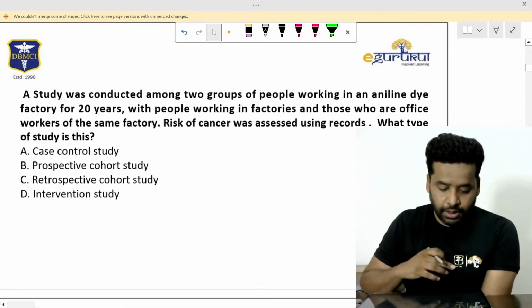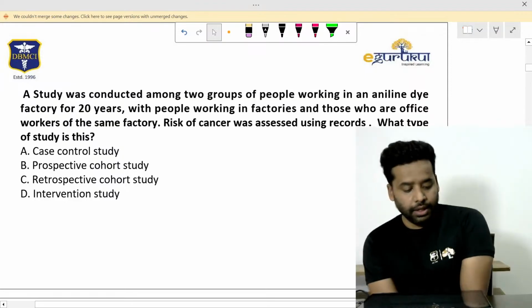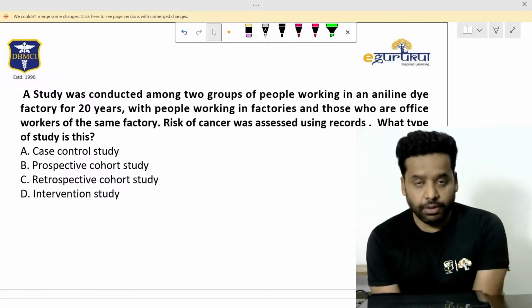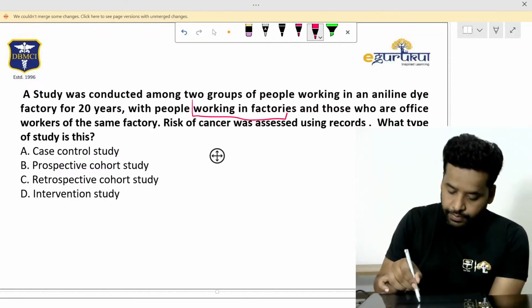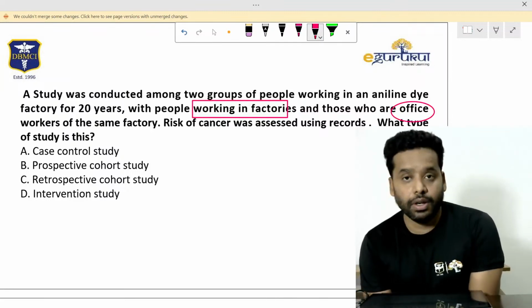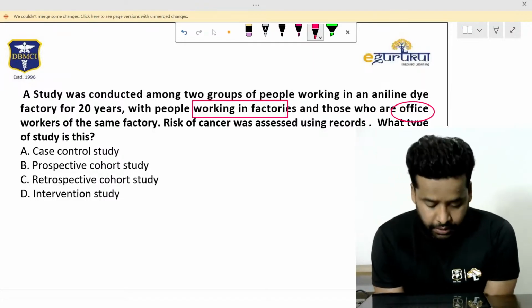Study was conducted among two groups of people working in an aniline dye factory for 20 years. So they are dividing the workers into two groups. Working in factories, and the other workers were official workers of the same factory. See the question.